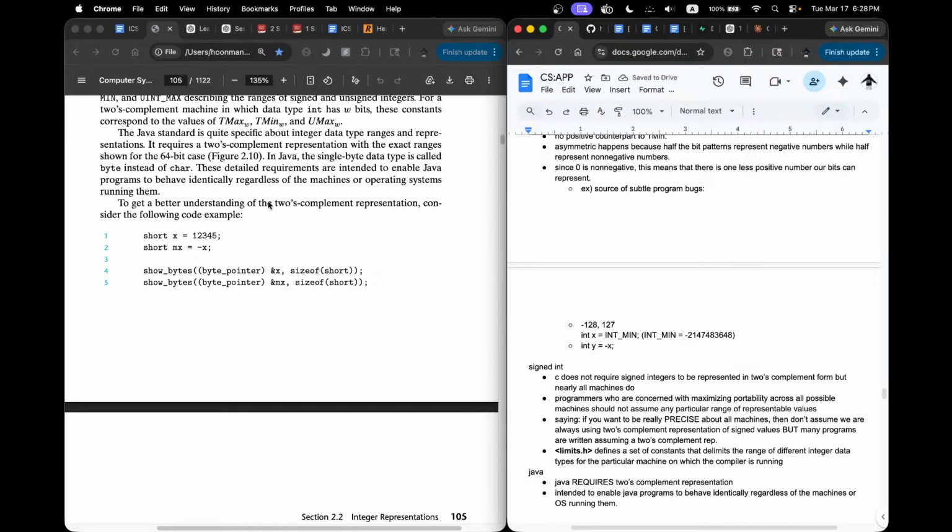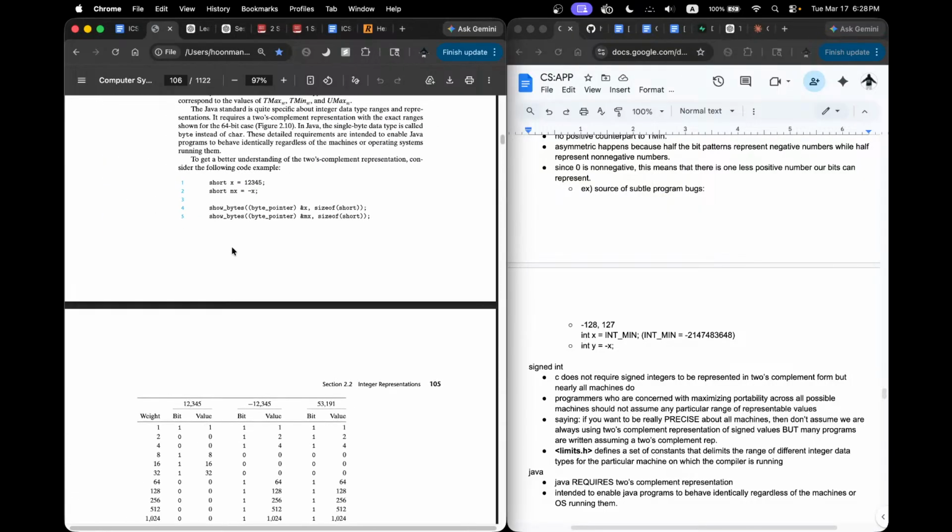To get a better understanding of the 2's complement representation, consider the following code example. We have show_bytes for short.